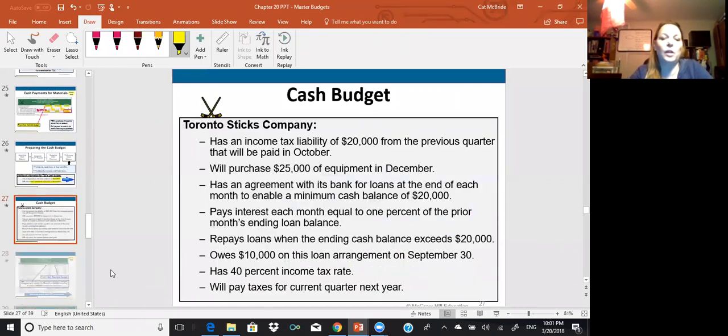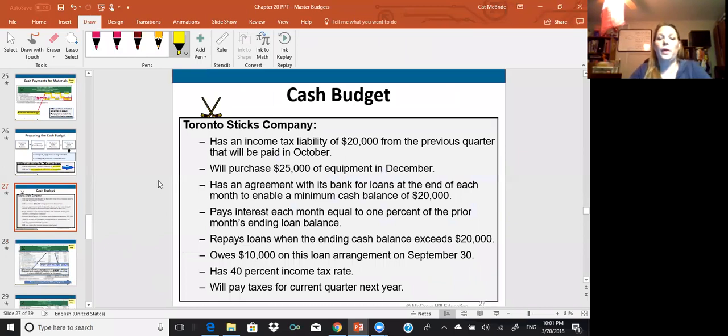So here's what this is going to look like. We also know we have to record an income tax liability of $20,000 in October. We want to purchase $25,000 of equipment in December. We have an agreement with the bank to keep a minimum cash balance of $20,000, which means if we don't have $20,000 at the end of the month, we're going to draw on our line of credit.